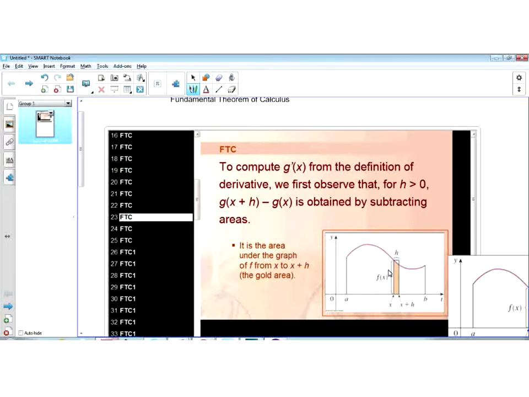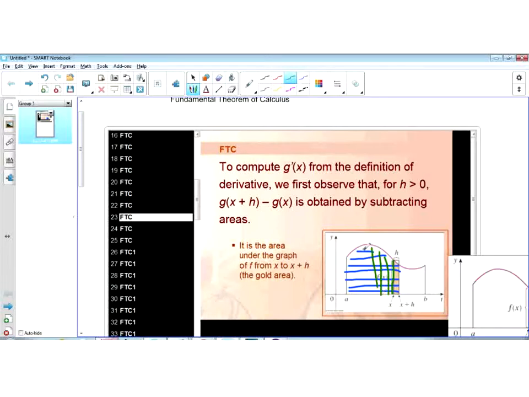Okay, so you realize, of course, that this blue area is g of x plus h, the area under the curve from a to x plus h. All right? So this blue area is g of x plus h, and then the green area is g of x.